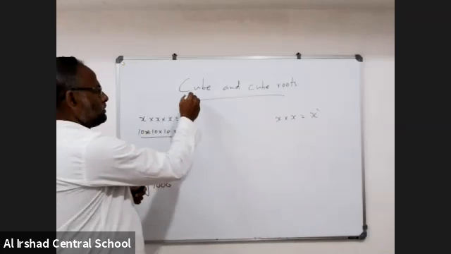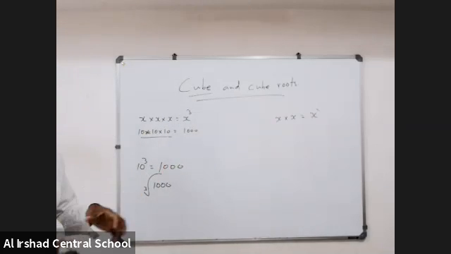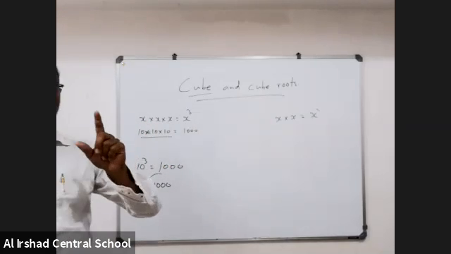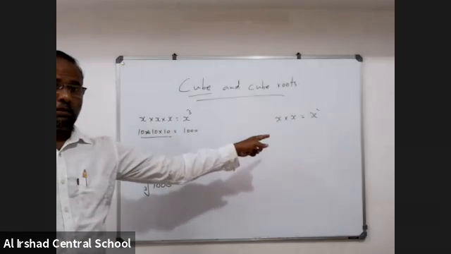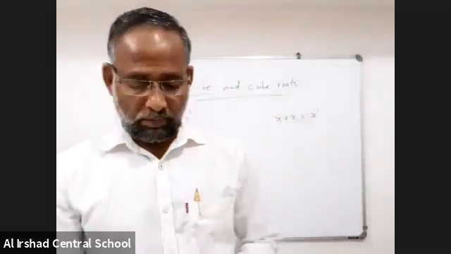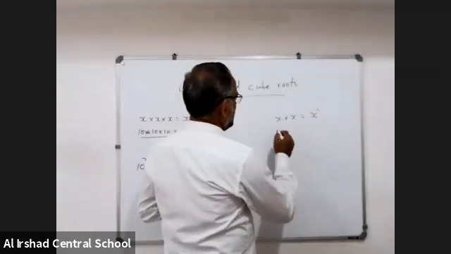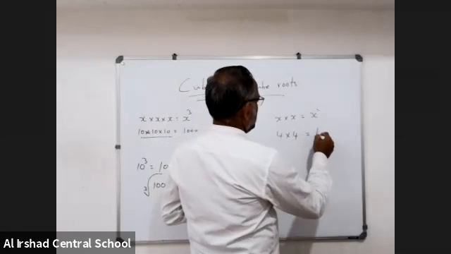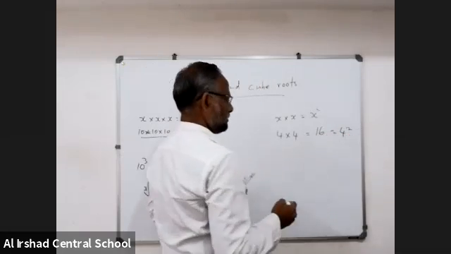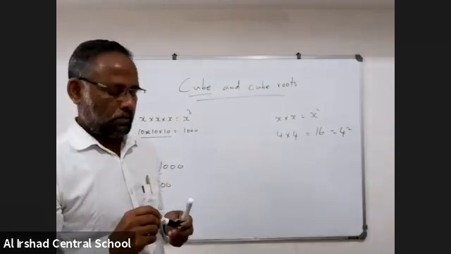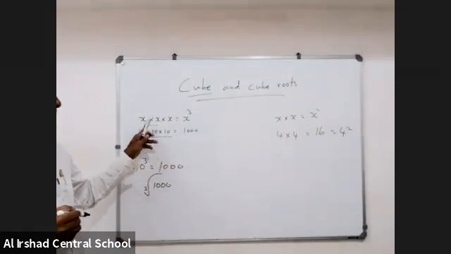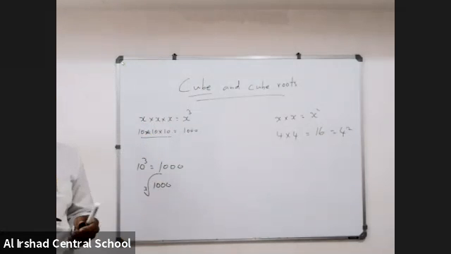This is called cube. Multiplying a number by itself 3 times. Don't confuse that. Square of 4 is not 4 into 2. That is 4 into 4, that is 16. This is 4 square. Not 4 into 2. Like that here also, cube: x into x into x.